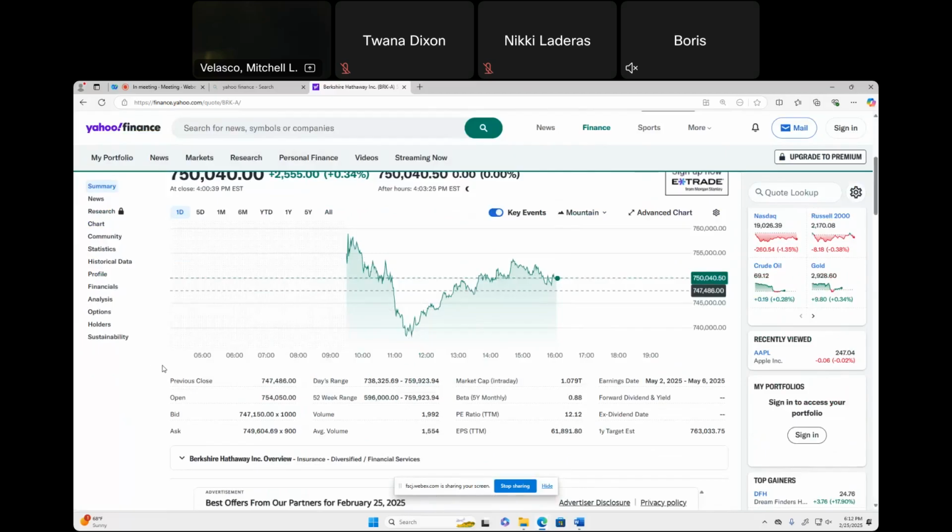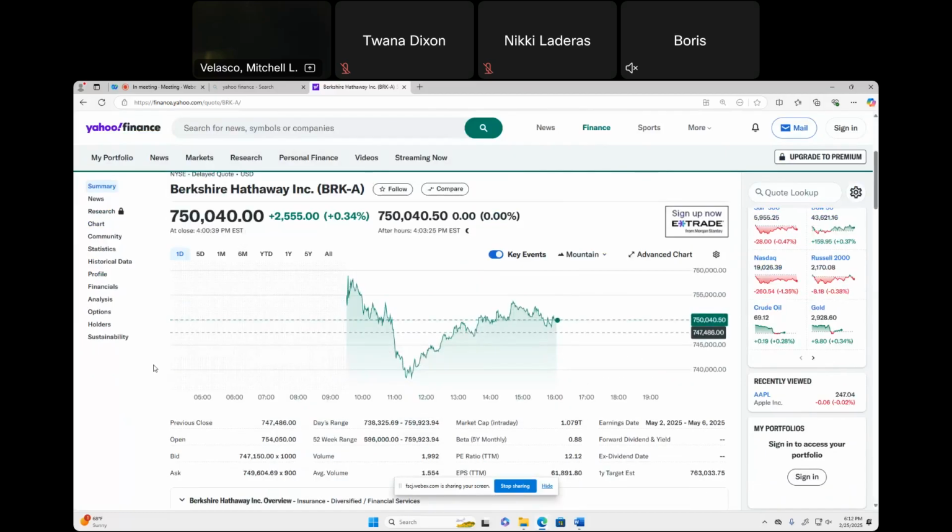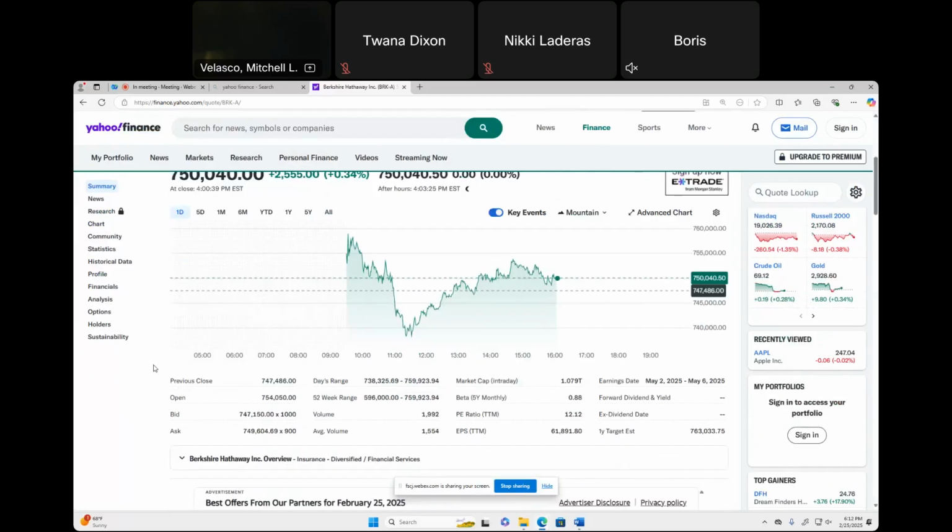So if you're logged into the WebEx, you can see Berkshire Hathaway. It's very illiquid. It's not a liquid stock. There were 1,900 shares traded today. Not very liquid at all. It's a far cry from 1 million shares traded. And because it's not that liquid, there's a huge difference between the buying price and the selling price today.